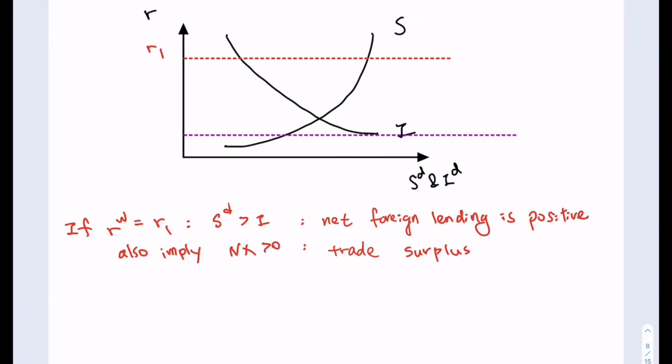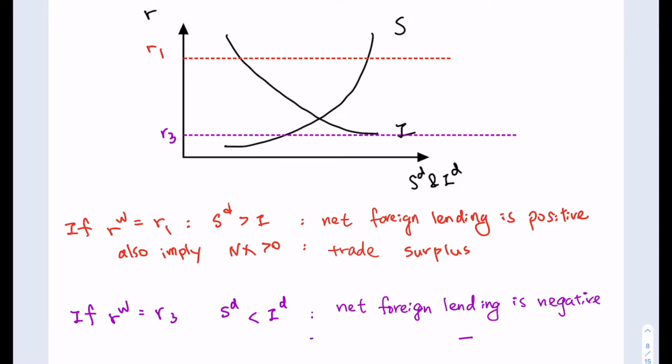How about if the economy is facing a world real interest rate at the position of R3? Then the domestic investment will be greater than the domestic savings, which implies that its net foreign lending is negative, so it is a net borrower. In that case, its net export is also negative, so it has a trade deficit.